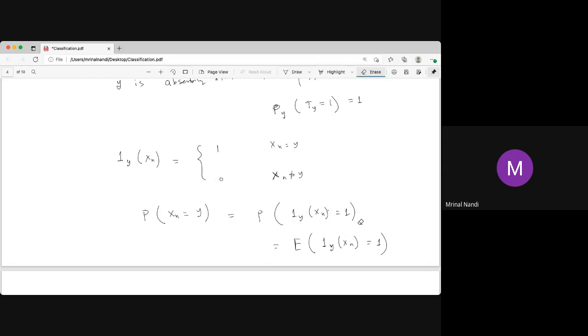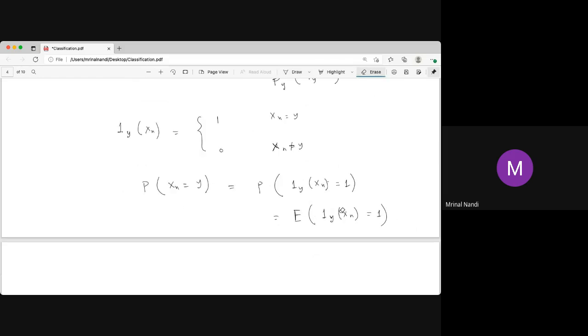Now we are using this idea, because expectation is linear. The expectation of a sum of 2 random variables is the sum of the expectations: E(X plus Y) equals E(X) plus E(Y).